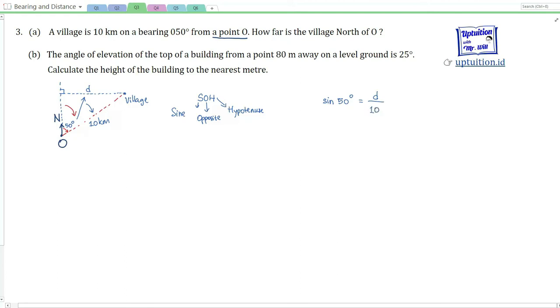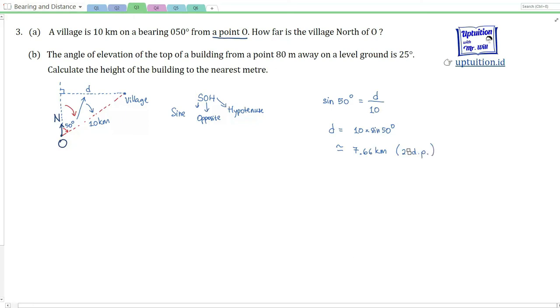And then you can cross multiply to get the value of D. So D is just 10 times sine 50 degrees, which is around 7.66 kilometers, rounded off to 2 decimal places.